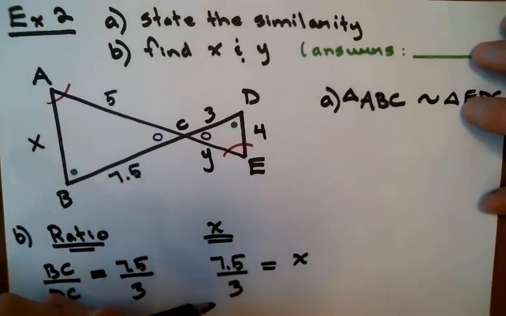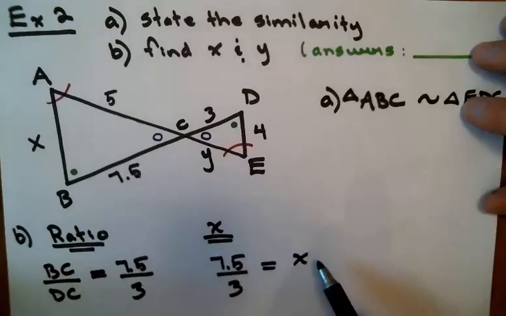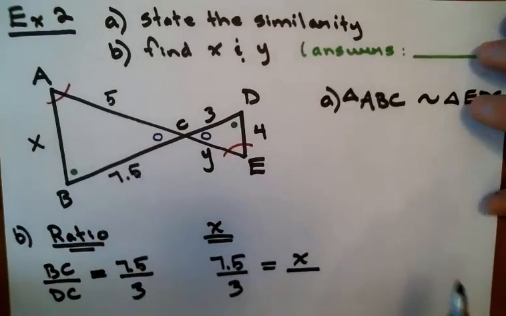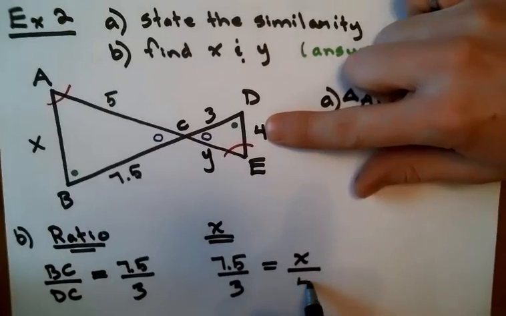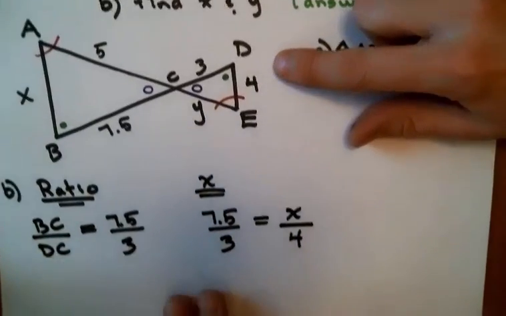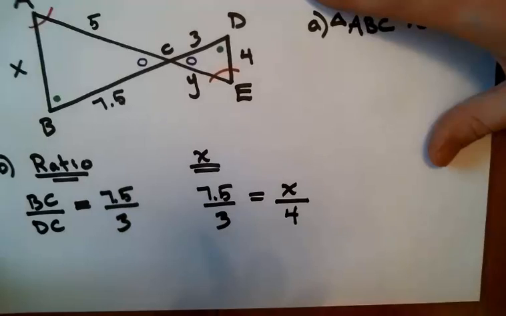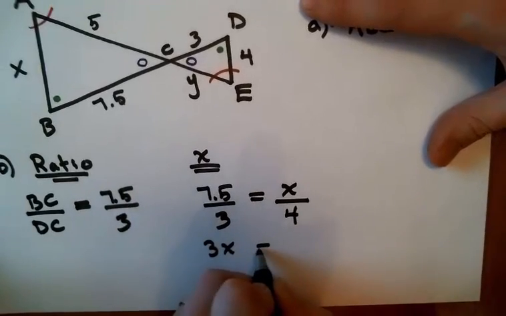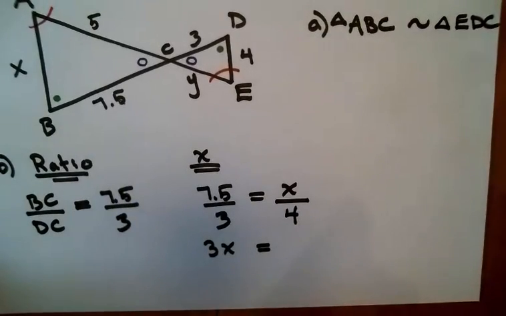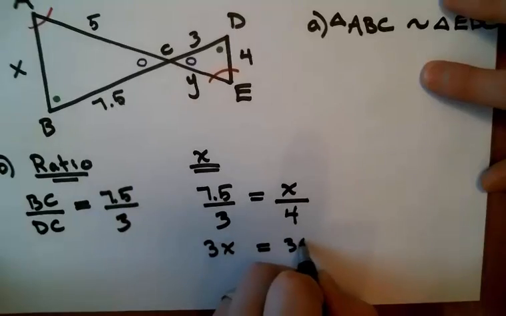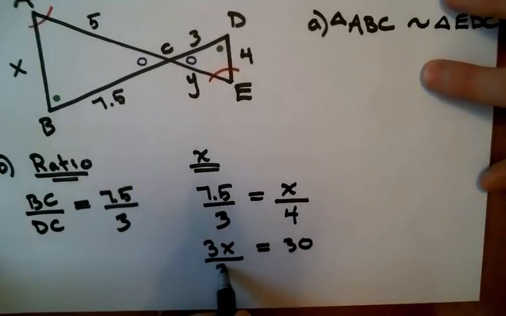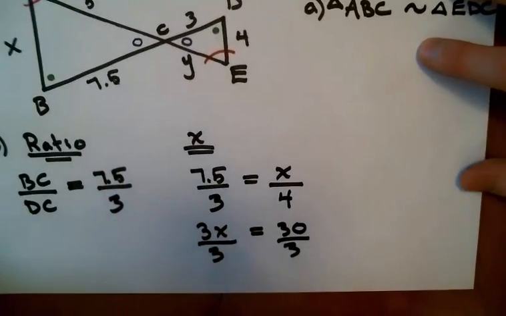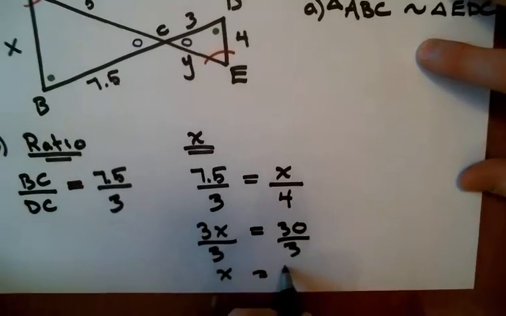So over here you got to go big triangle over the corresponding side that x has in the small triangle, which is 4. Okay, and then that becomes cross multiplication. So let's write it out, 3x, and 4 times 7.5 is 30. And then again, you just divide. X equals 10.